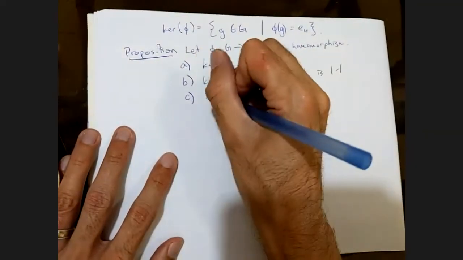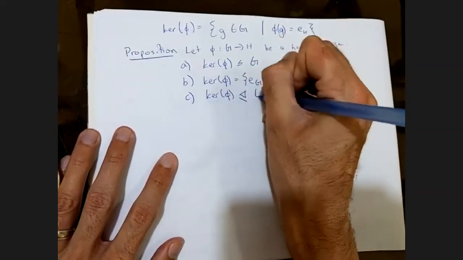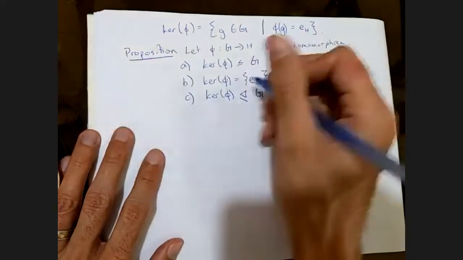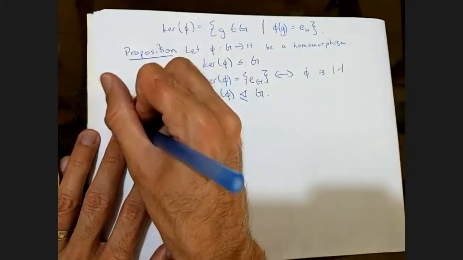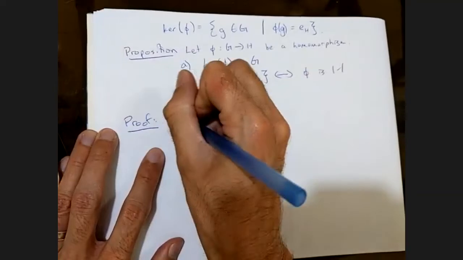In fact, the kernel of phi is a normal subgroup of G. Let's just prove part B, because that is the main one we're interested in here. Proof of B.